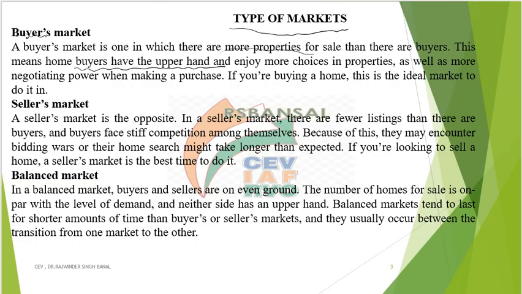There are more properties for sale than there are buyers, meaning the number of sellers is more but the number of buyers is less, so more properties are there for sale. So buyers have the upper hand and they have more choices in property.